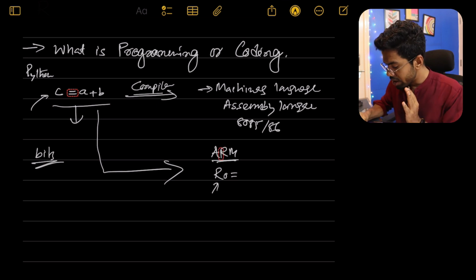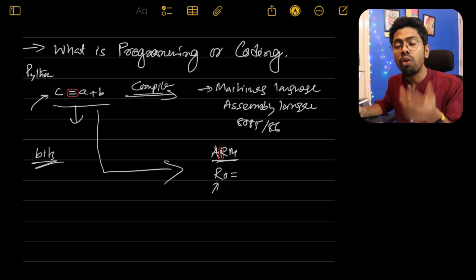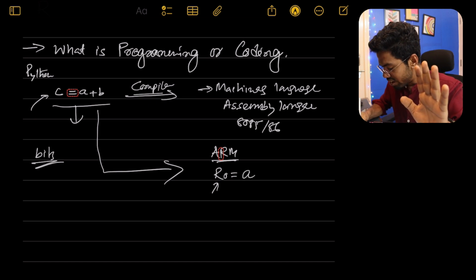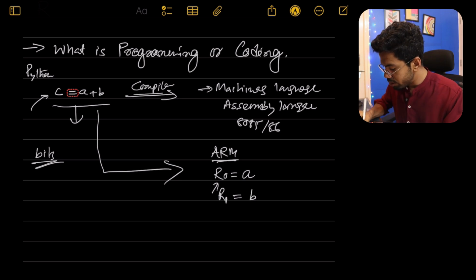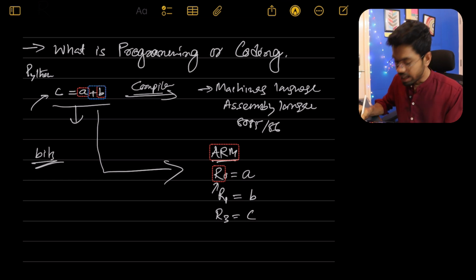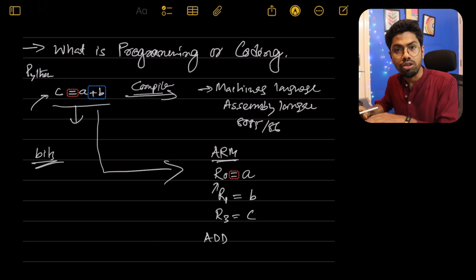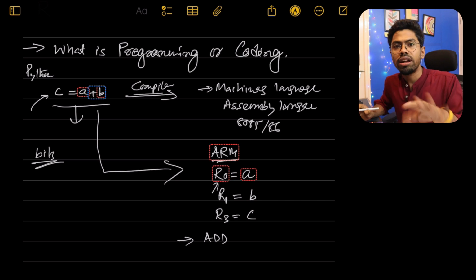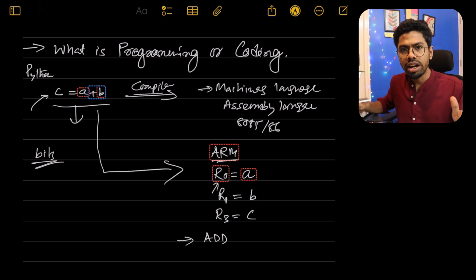So here R0, our computer knows what R0 is. How they know, I'll tell you a little later. So I'll say A equal to R0. If I have another register, I'll call it B, and if I have a third register, I'll call it C. This is purely assembly language, and it will differ according to the architecture, but mostly because it's simple, it would be the same across all architectures.